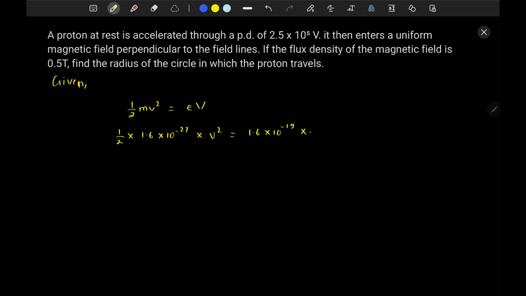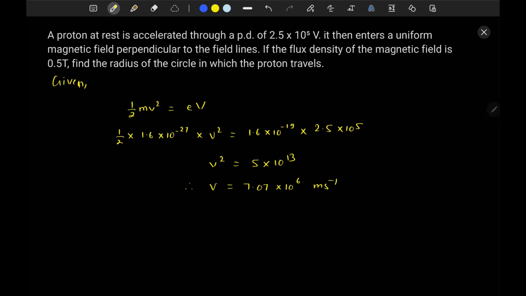Capital V is the potential applied, 2.5 into 10 power 5. So v square comes to be 5 into 10 power 13. Therefore the velocity of the proton will be 7.07 into 10 power 6 meter per second.